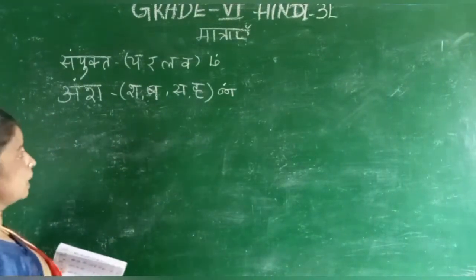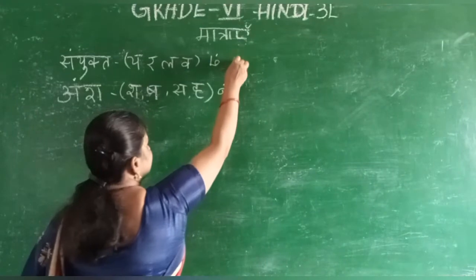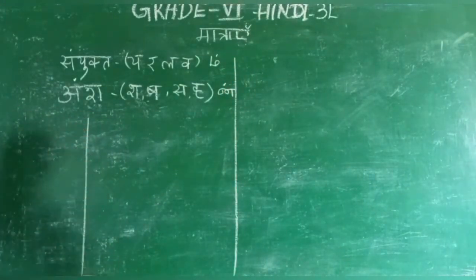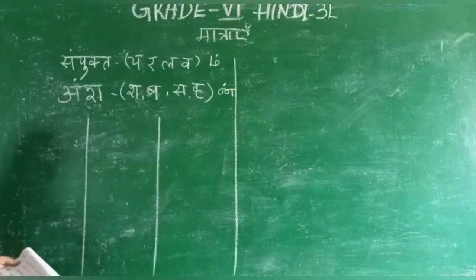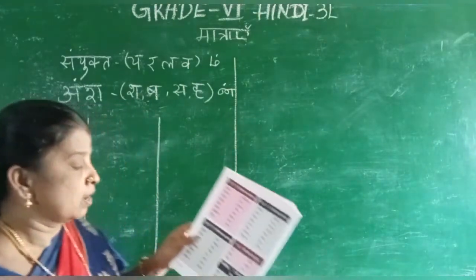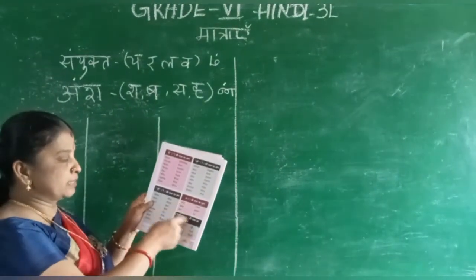Is it clear? Now we are going to see some two-letter words and three-letter words. First a simple two-letter word. In our book there are only a few, for example six letters only.